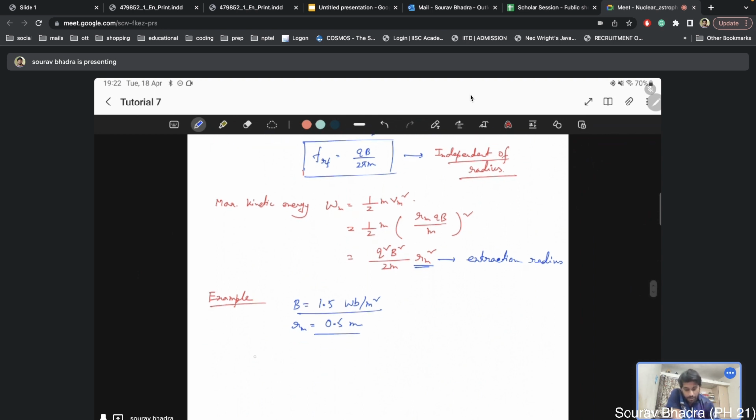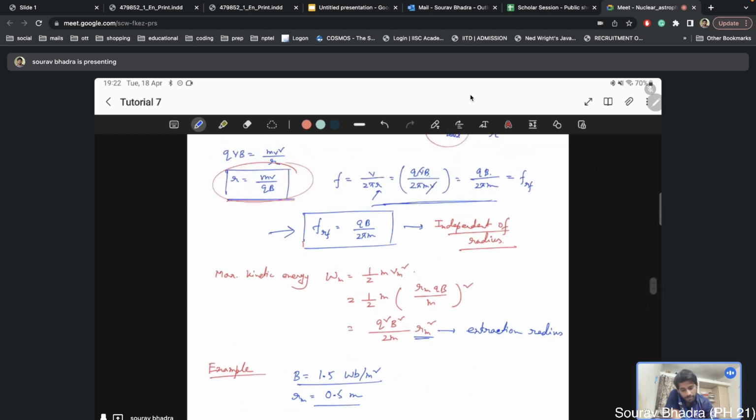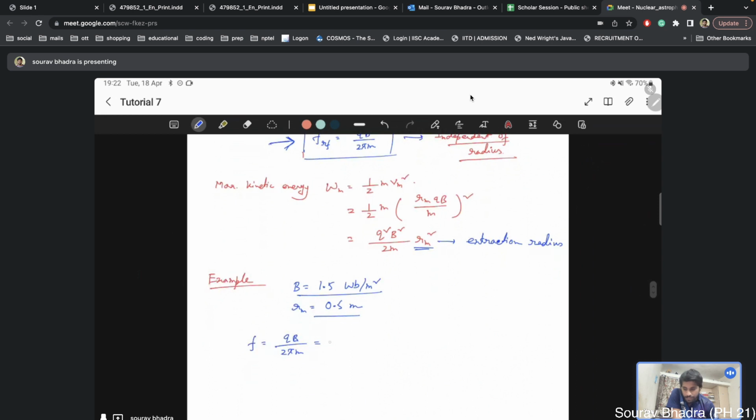Okay. So the frequency will be, as I told you, qB by 2 pi m. This one qB by 2 pi m, and your q is 1.6 into 10 to the power minus 19 coulomb.